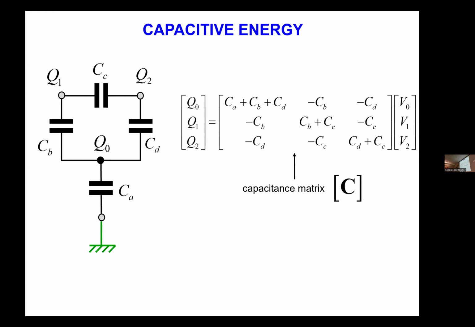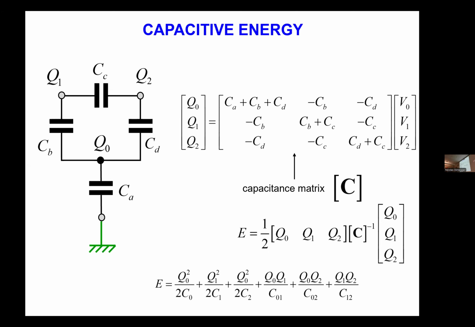And this you can do at DC. You don't need to think about RF voltages because you're just finding some matrix here, which is in principle independent of frequency. And then the energy will be obtained by the inverse of this capacitance matrix.